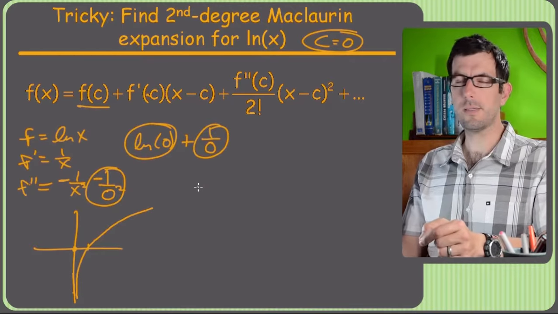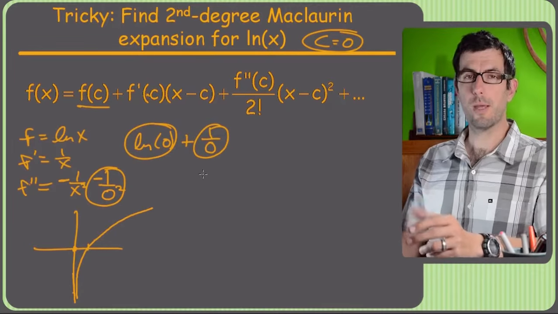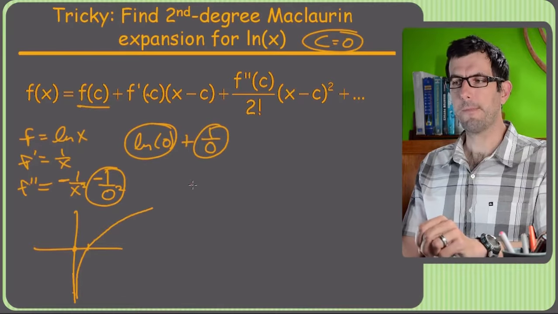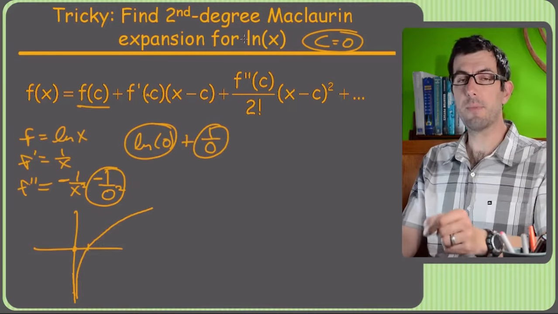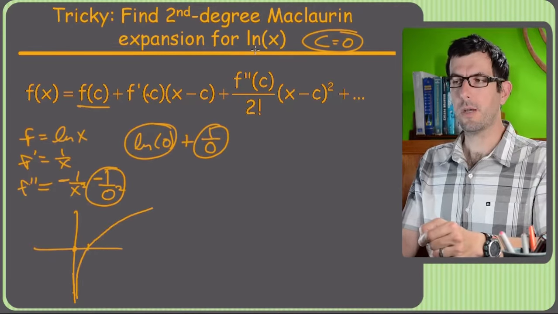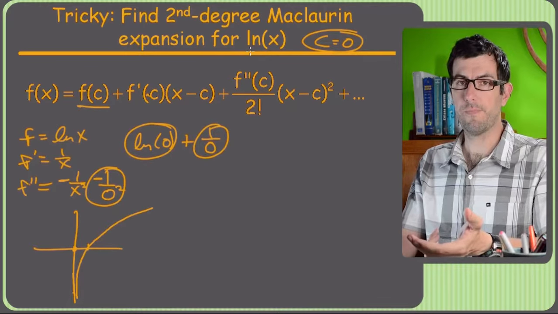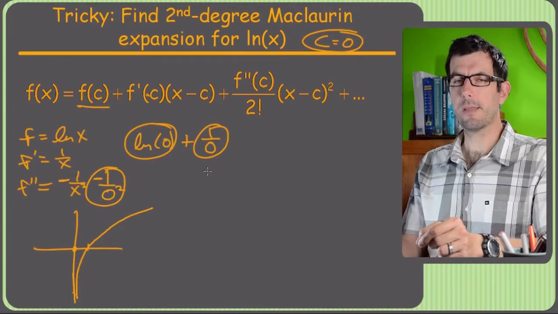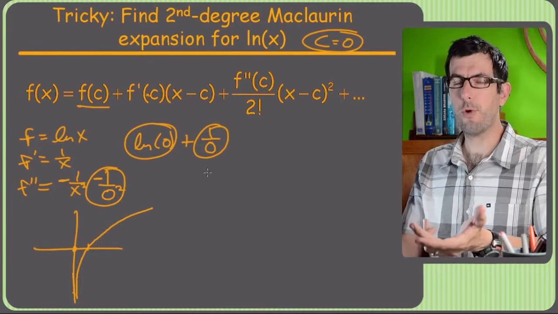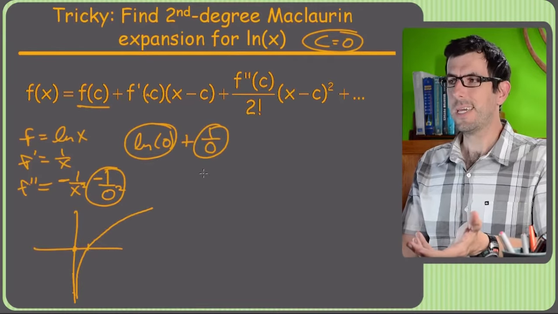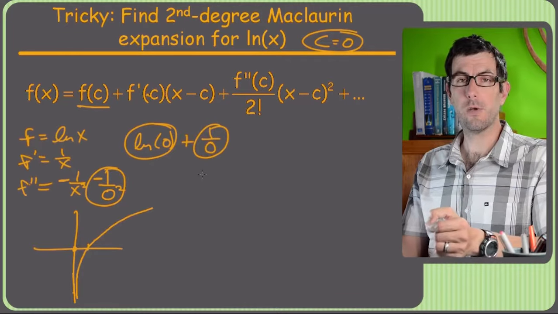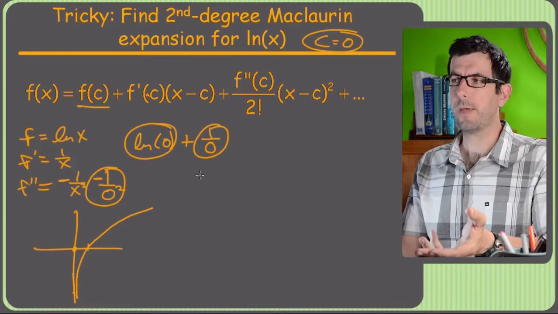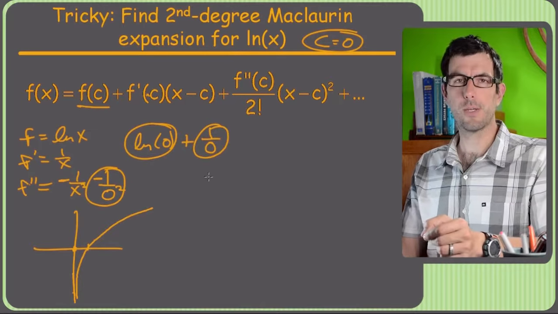Now there is one subtlety, which is where every once in a while you'll see a teacher ask you to do something like, hey, find the Maclaurin series expansion around 1. So you might be thinking, that's weird. How can you find the Maclaurin series expansion around 1? The whole point of Maclaurin series is that they're always centered around the origin, around 0. Well, here's the trick that they're asking you to pull.